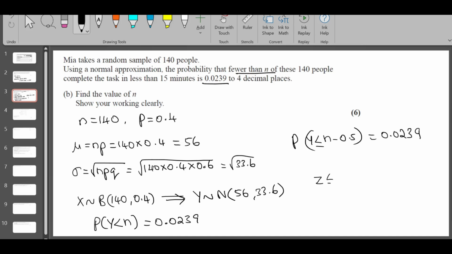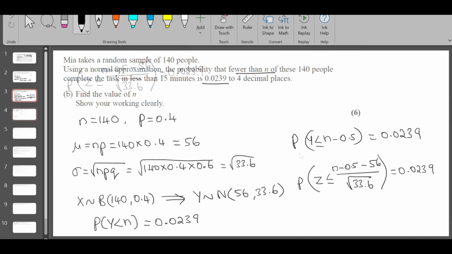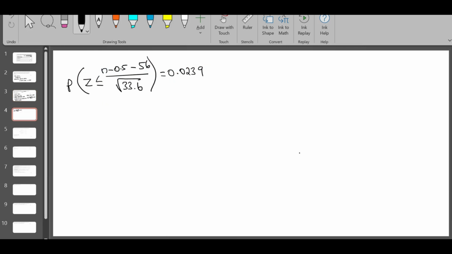Z is less than or equal to n minus 0.5 minus mu over sigma, square root of 33.6. So using the normal distribution table, I'm going to find the value of n now. From this step, I can write it as Z is less than or equal to n minus 56.5 over square root of 33.6.